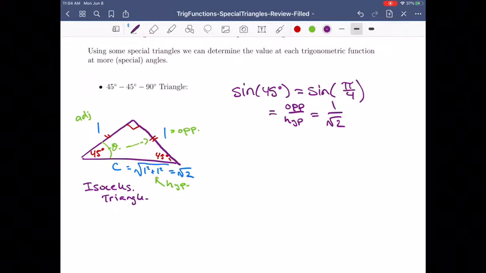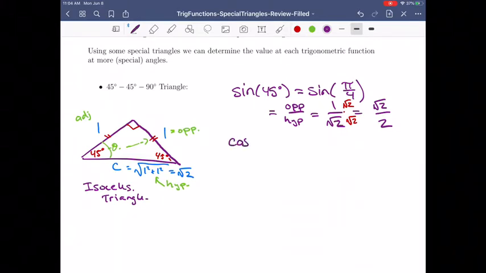Sometimes they rationalize the denominator here, so they multiply it by root 2 over root 2. So you might see it written as root 2 over 2. But it's the same as 1 over root 2. You can write it however you'd like.